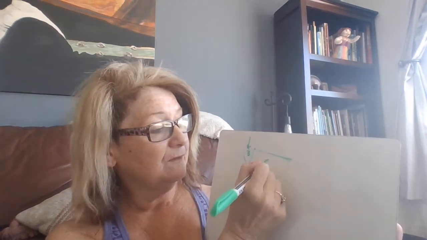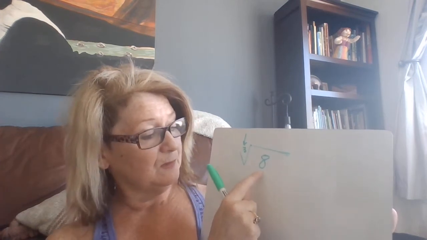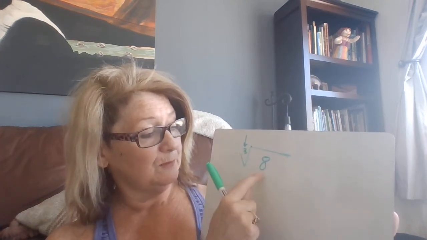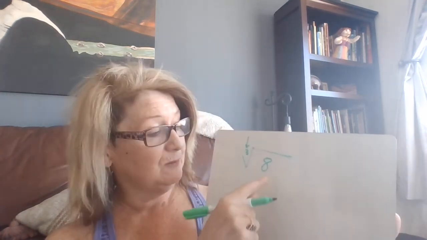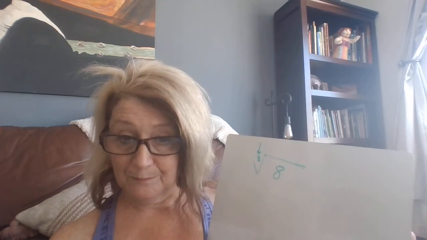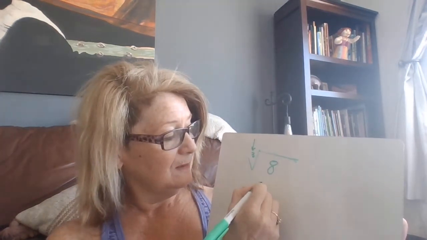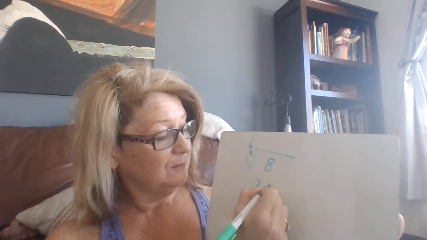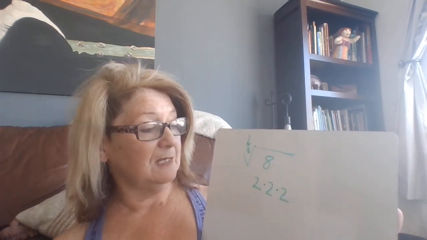So if I have 8 here, what number is the cube root? What number times itself 3 times will give me 8? Well, hopefully you know it and can see it. It might take a minute to think about, but it's 2. 2 times 2 is 4, times 2 is 8.